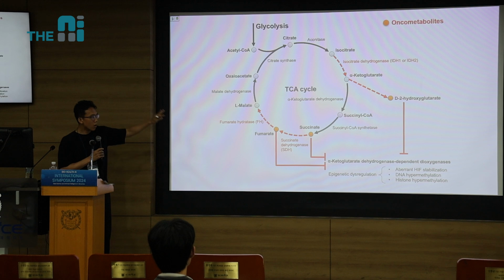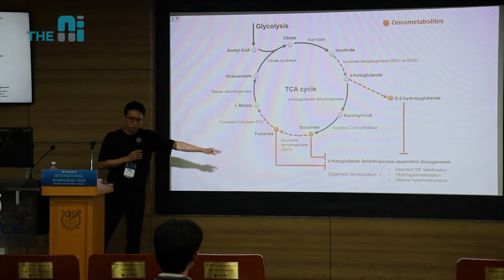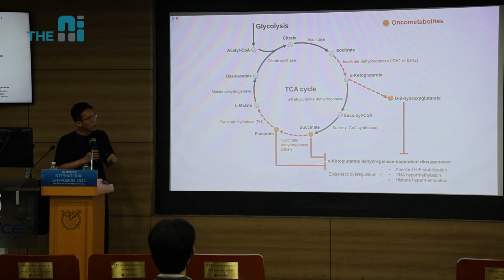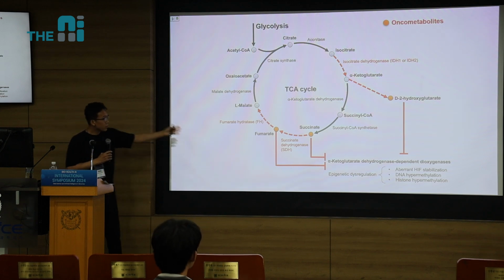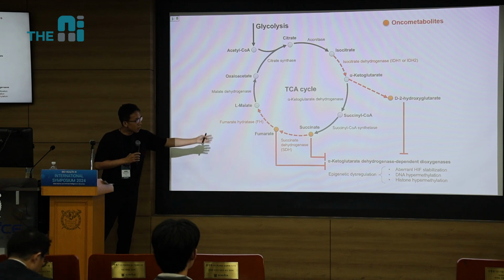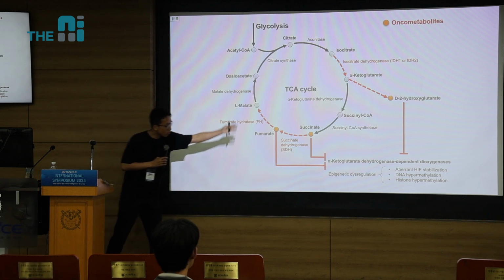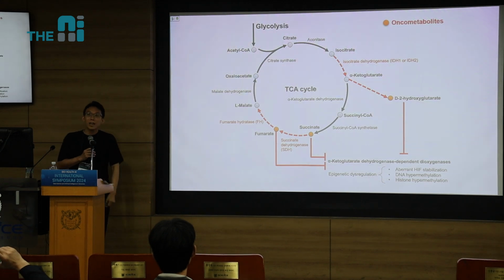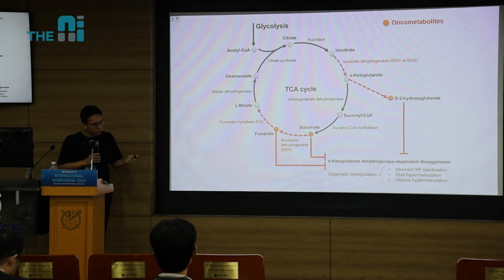One is that they are all associated with epigenetic dysregulation, which means they are somehow involved in cancer development. The other is that, since these are metabolites, enzymes are responsible for generating them, and all these responsible enzymes have gain-of-function mutations.